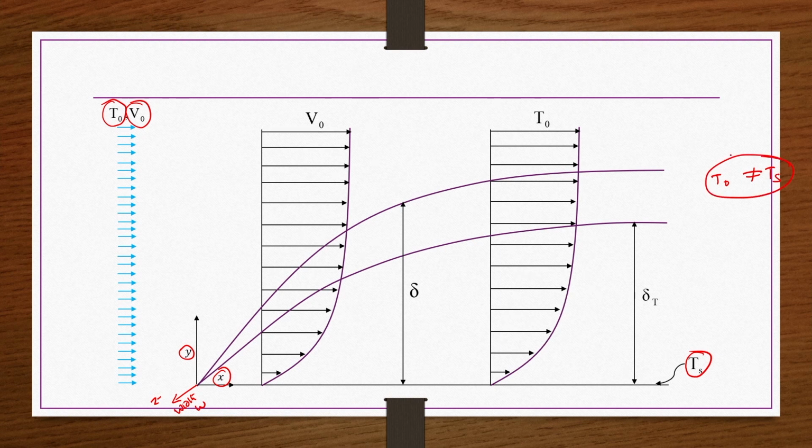Because of that, a thermal boundary layer is also forming. For simplicity, we take our temperature scale such that at the surface the temperature is 0, and then as we gradually move up, at a certain location the temperature becomes 0.99 times the free stream temperature T naught.